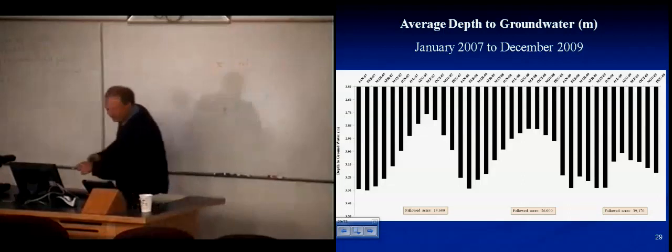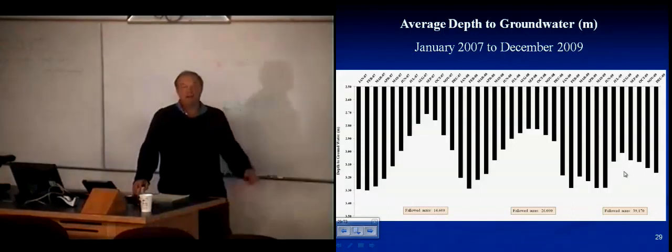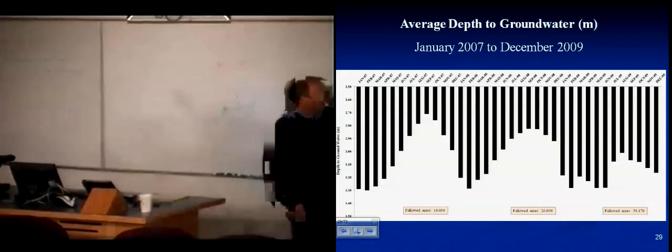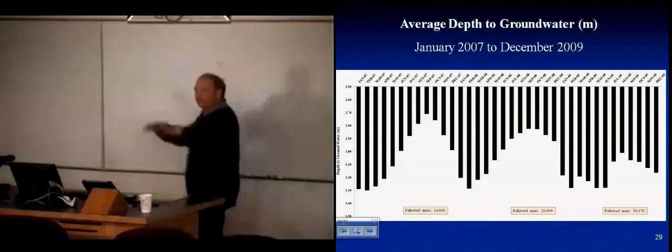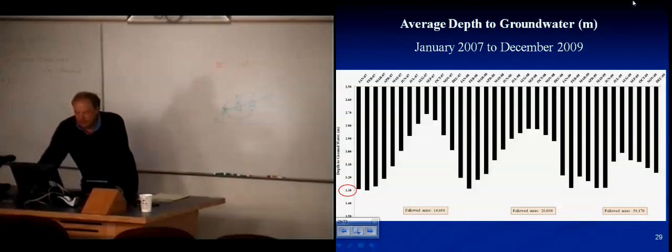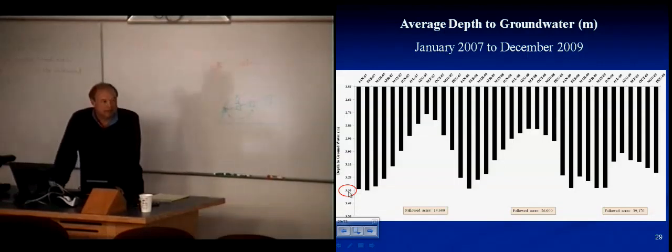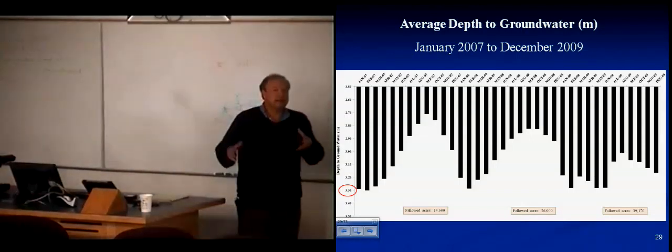If you read this graph, this is a depth to the groundwater from the surface. What it's saying is that the depth is greatest in January, February, March. And then as the heavy irrigation season kicks in and we have all this deep percolation going on, the groundwater rises, and the depth to the water table becomes smaller, averaging 2.7 meters here in September.